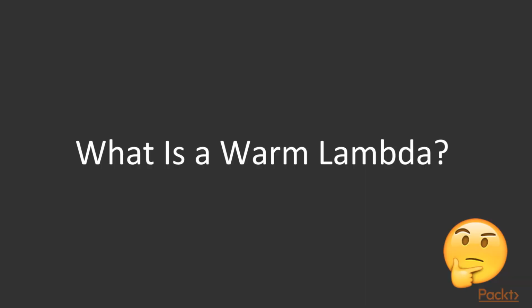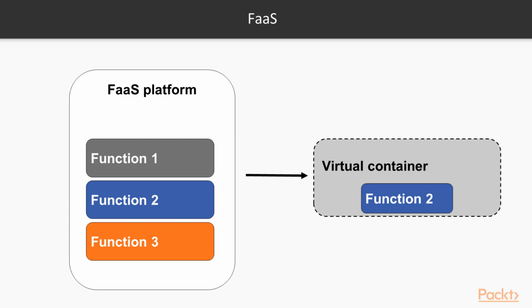When we say that the Lambda is ready to execute, we also say that the Lambda is warm. What does it mean that a Lambda is warm? In the video where I explained how serverless code executes, I told you that the function as a service platform will create a new virtual container and deploy the code of the AWS Lambda every time it's triggered.